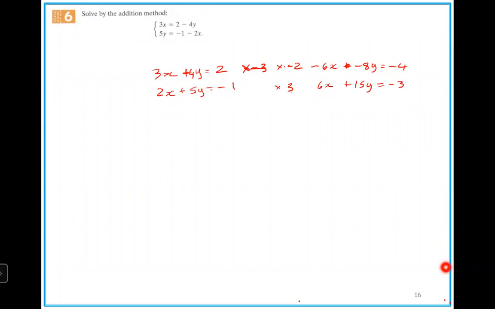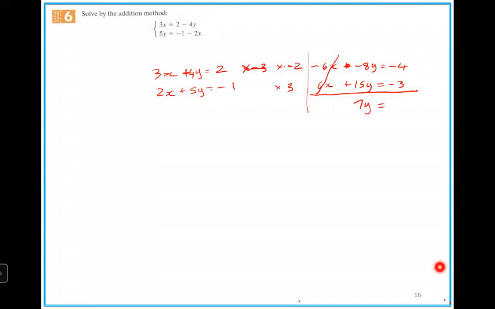All right, so now you can add. This negative 6 plus 6 would cancel out the x's. So now you have negative 8 plus 15 gives you 7y. And then minus 4 plus minus 3 is?